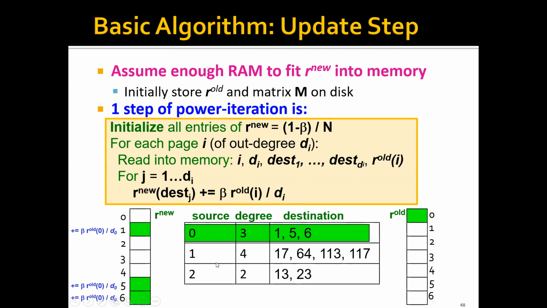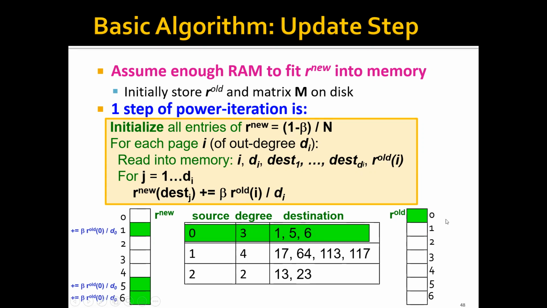Specifically, let's say that we have this sparsely stored matrix M here, then we will first read the first row, and in the first row, it's about page 0, and it has 3 destination nodes, 1, 5, and 6. Then we will first compute the number beta times R old 0 divided by d_0.